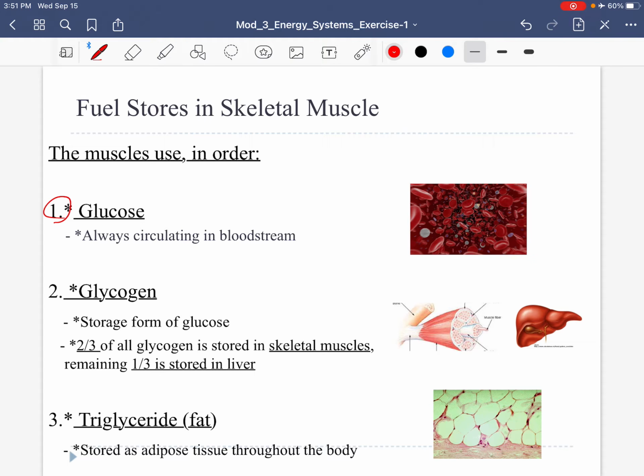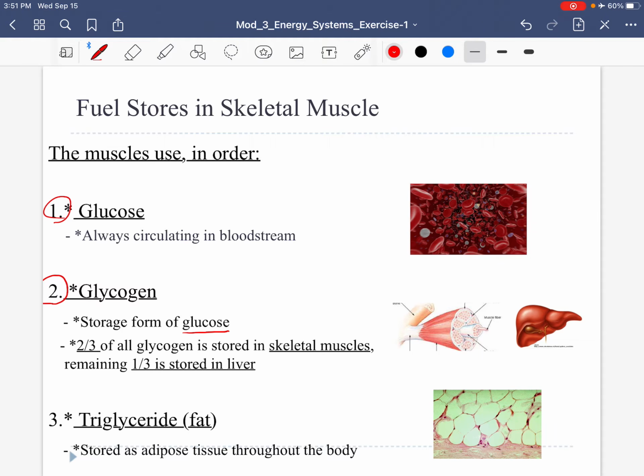Once we go through a lot of that and we need more, then our muscles will begin to break down glycogen. Now, I know it can be a little tricky with the words, but you got it. There's glucose, that is the monosaccharide, but we can also store glucose. It's really important.